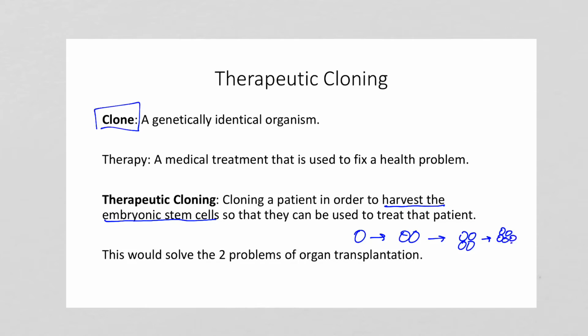You would stop the clone from growing at this stage and take those embryonic stem cells. And now you have embryonic stem cells that are genetically identical to you. Because you're cloning yourself, those embryonic stem cells would be genetically identical to the patient. Which, as we'll see, solves one of the problems of organ transplants.